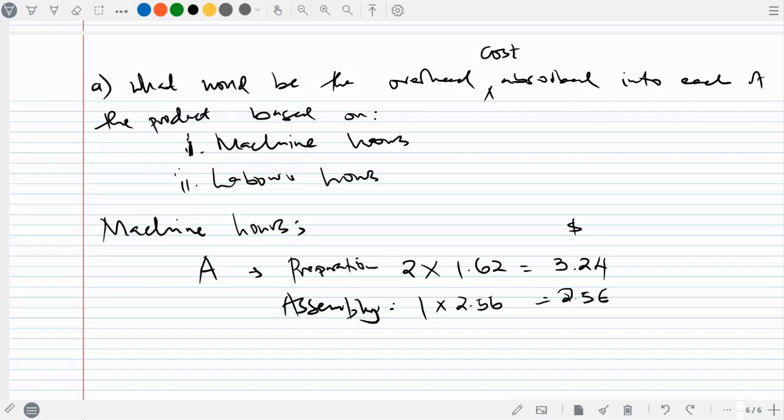Therefore, the production overhead that needs to be allocated to this product will be the sum of these two, which is 5.8. So when it comes to determining the cost of product A, the total overhead that needs to be absorbed is 5.8, based on the use of machine hours. Clear?